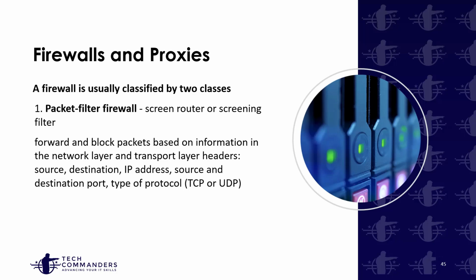And that'll look at some of the common headers. That could be the source, where it's coming from and where it's going, the destination. Could be the IP address range. Could be the source, the destination port, and also the protocol that's being used as well.